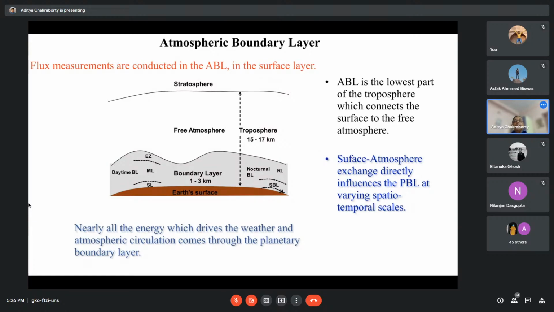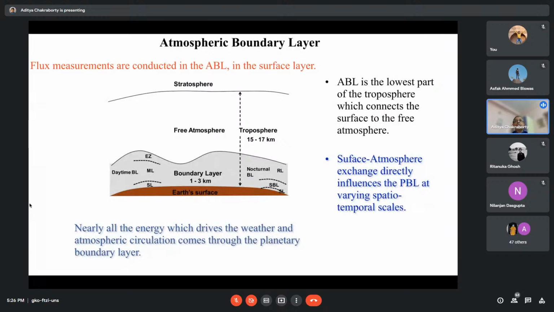So the nature of the surface matters. For example, if the surface is covered by vegetation, particularly in a forest ecosystem, emitted radiation will be less, and in an urban area, emitted radiation will be much higher compared to a forested ecosystem. So that will determine the surface temperature.